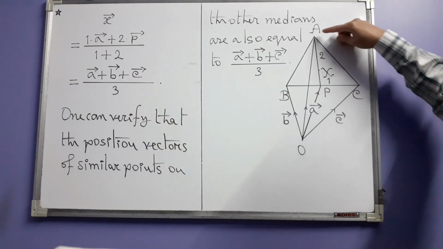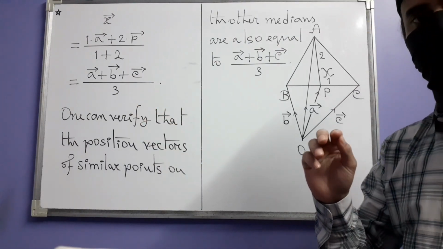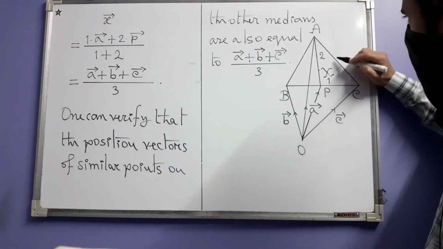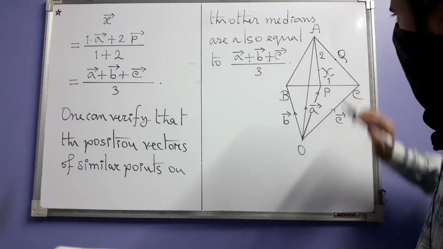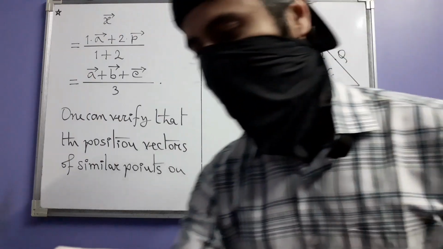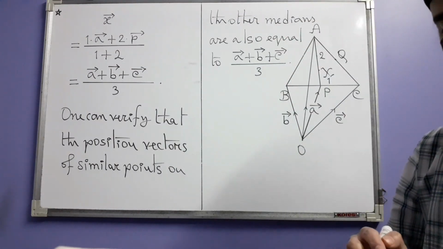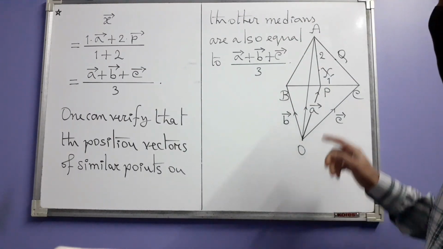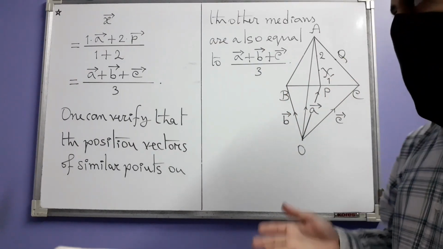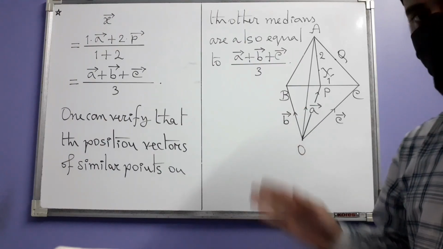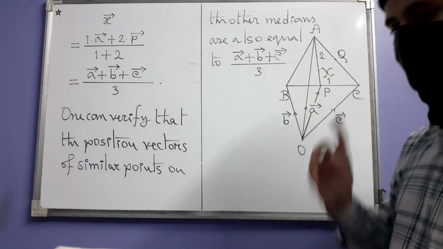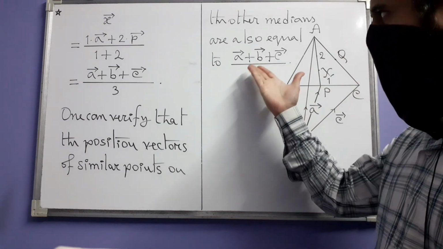For example, if you consider the midpoint of AC and call it Q, and then you draw the median joining B and Q and run the same process with BQ, that is, you consider a point which divides BQ in the ratio 2:1 and find the position vector of that point, not the position vector of Q, you would find that it's exactly this.